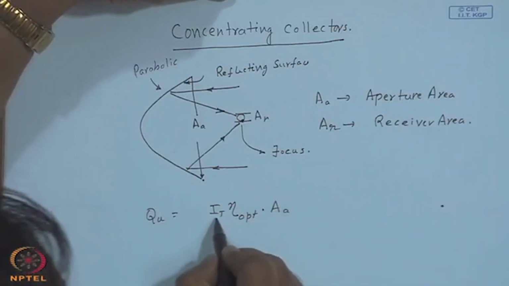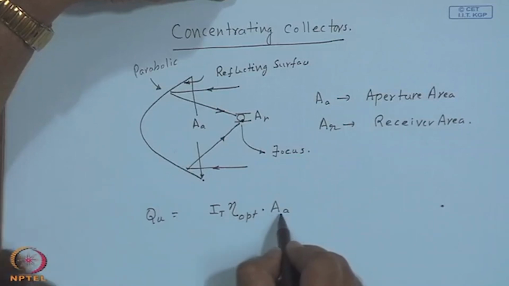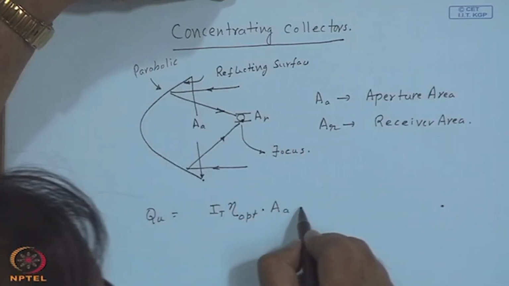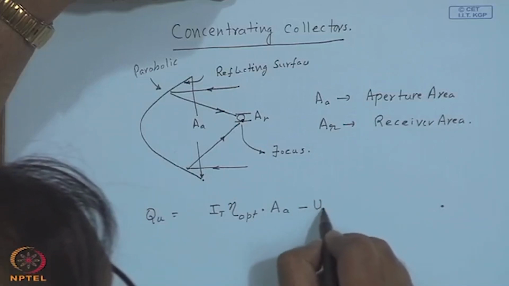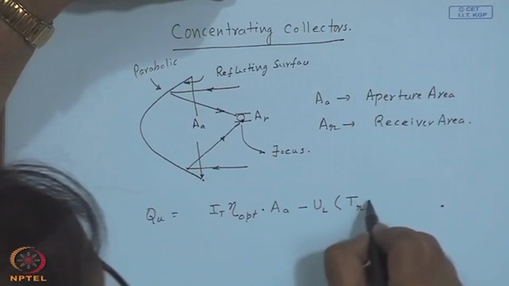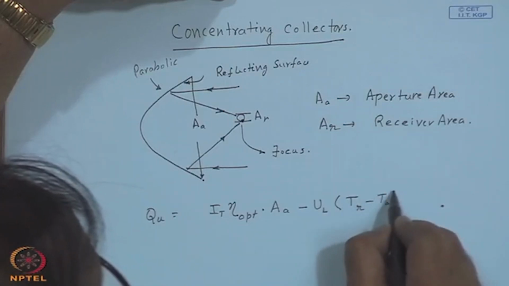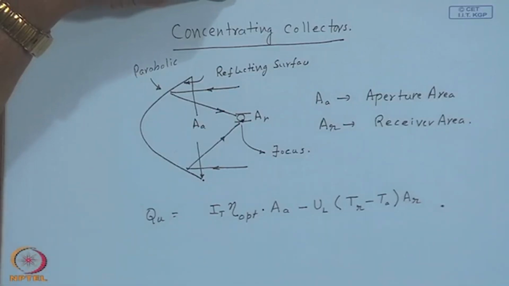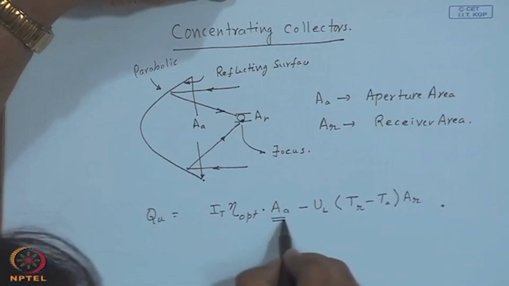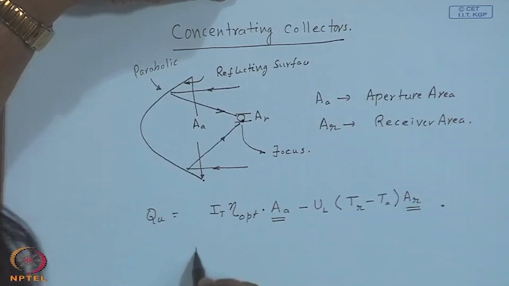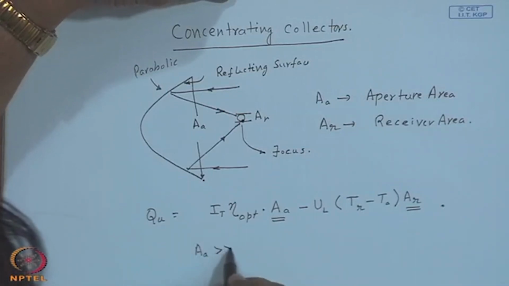My solar radiation IT is based upon the unit area of the collector, or the aperture area, sorry, minus the losses that will be taking place from the receiver at temperature Tr and the ambient temperature Ta, multiplied by Ar. So, now the collection is through AA and the losses are through Ar, where AA is, let us say, much greater than Ar.